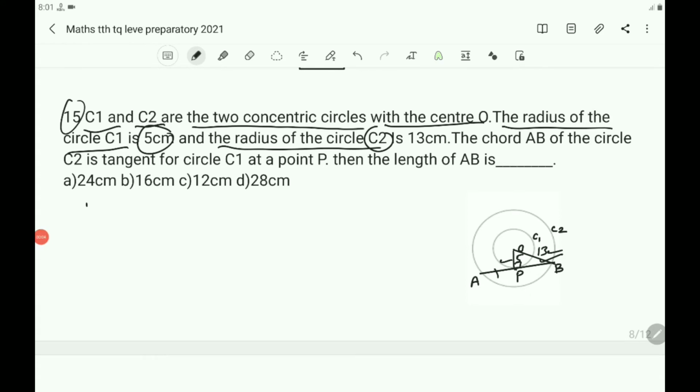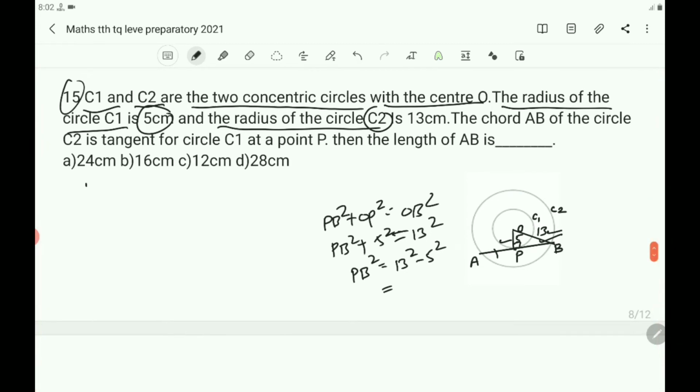Then if you use the Pythagoras theorem, that becomes PB square plus OP square equals OB square. To find PB: PB square plus 5 square equals 13 square. Then PB square equals 13 square minus 5 square. Here also you can use the identity, it is (13 plus 5) into (13 minus 5). 13 plus 5 is 18, 13 minus 5 is 8.